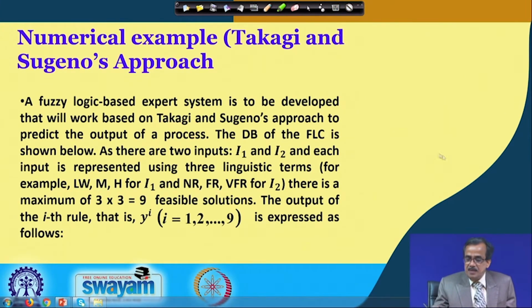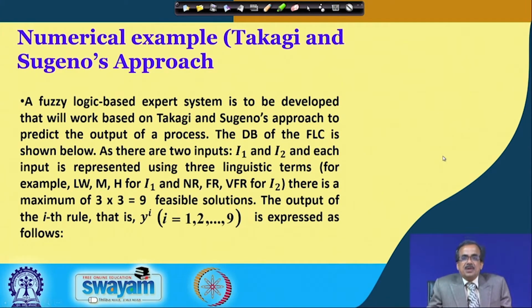But before that, let me tell you that here in Takagi and Sugeno's approach, we express the output as a function of the input parameters. Now, if I just read one rule, no control action will come to my mind, and that is why the interpretability is much less, although we can go for better accuracy, because we take the help of some optimization tool, and we optimize with the help of some known data.